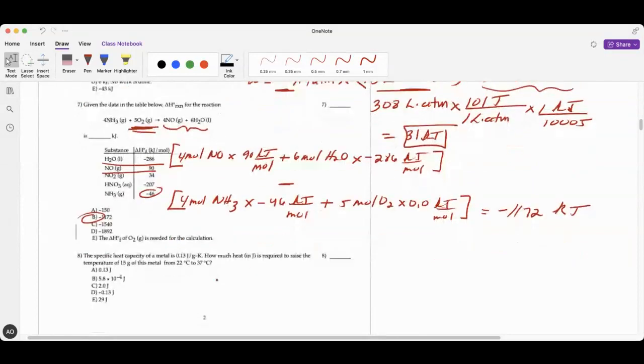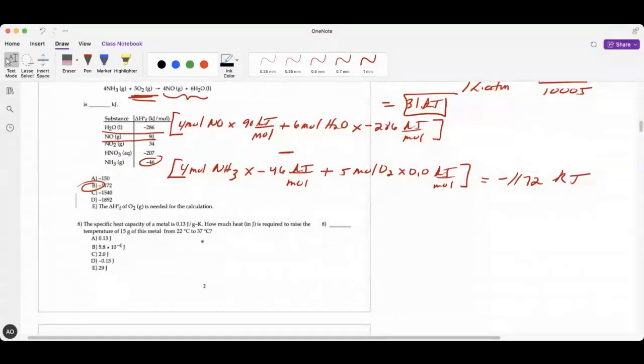The specific heat capacity of a metal is 0.13 joules per gram Kelvin. How much heat in joules is required to raise the temperature of 15 grams of this metal from 22 to 37 degrees?